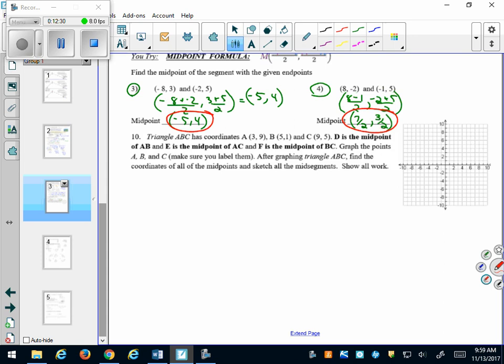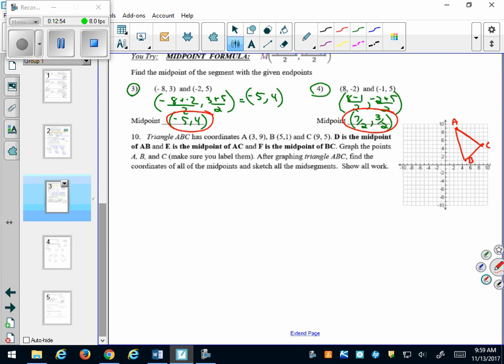So here is how we would relate this to the midsegment. Triangle ABC has coordinates 3, 9, 5, 1, and 9, 5. That makes a triangle.